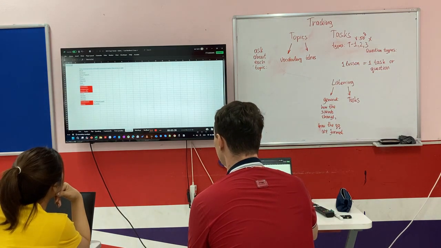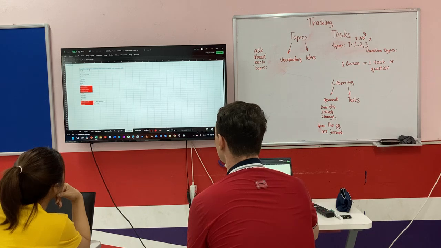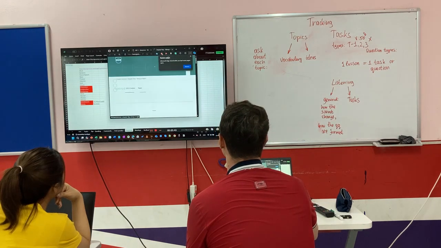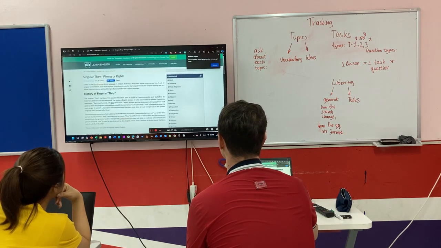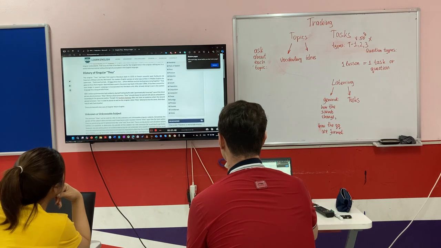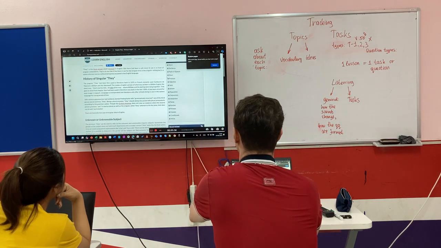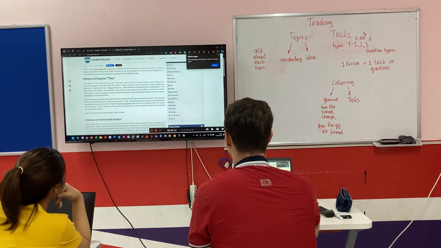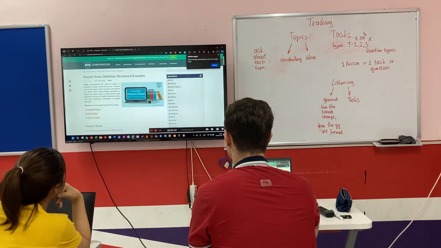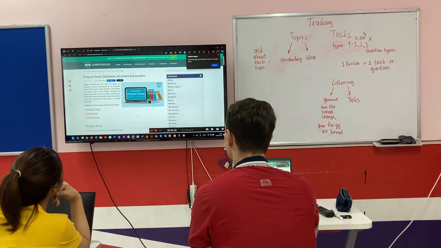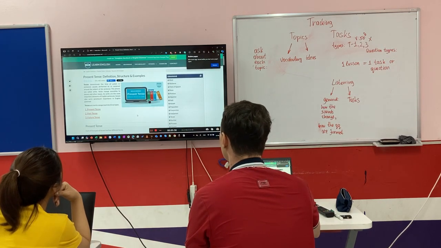This is a grammar reference. You can go there and you have all the grammar definitions. You can copy this to your Excel, and you know what you taught, what you did not teach. Present tense, past tense, and you know this stuff basically. So again, you track that grammar through this.